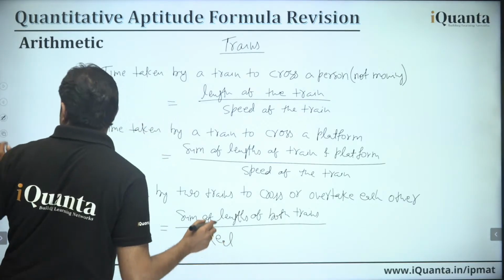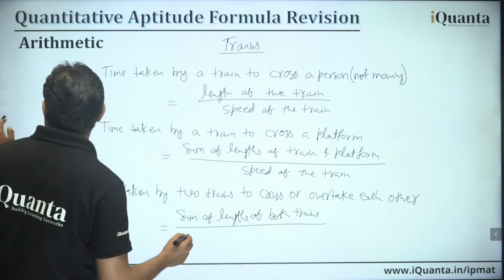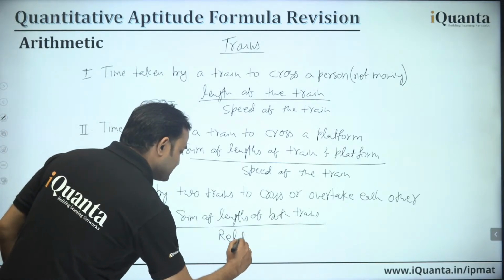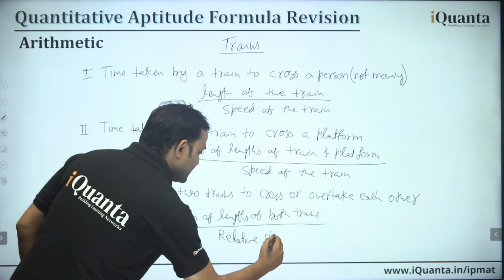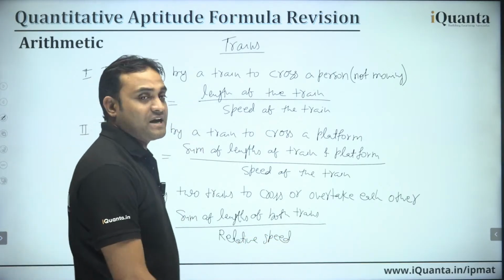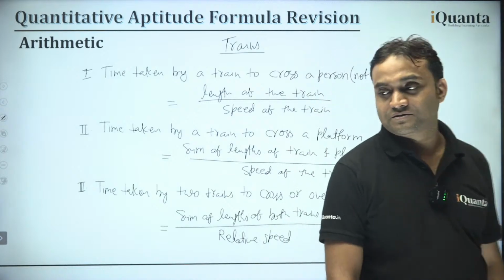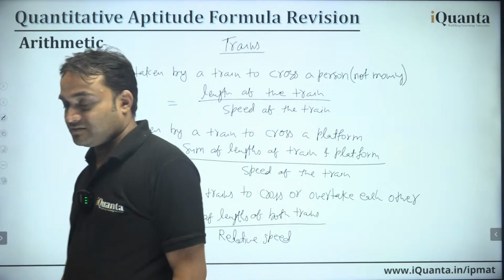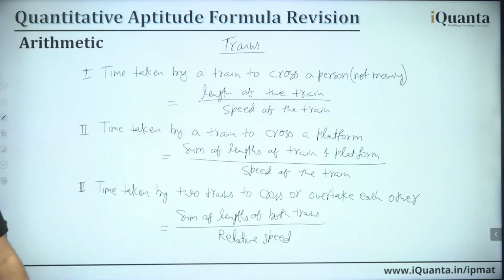Again I am writing relative speed here because if they are moving towards each other, we will add the speeds, and if they are moving in the same direction, we will subtract the speeds. That's why it is the sum of the lengths of the trains divided by relative speed.